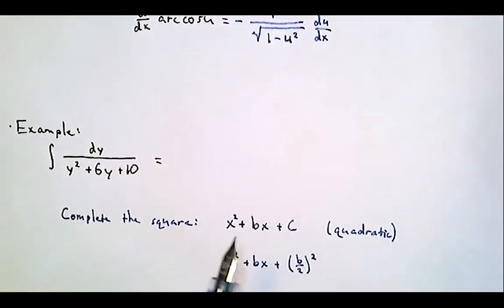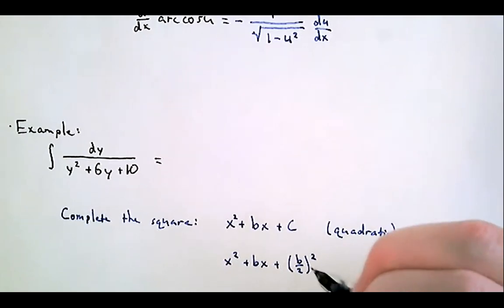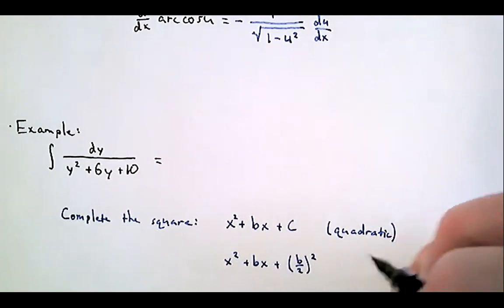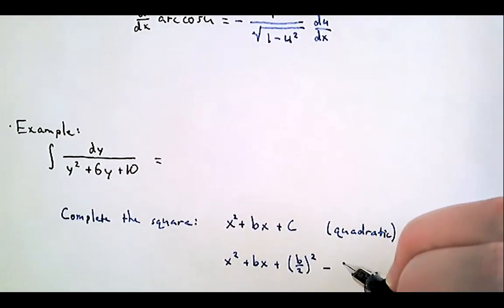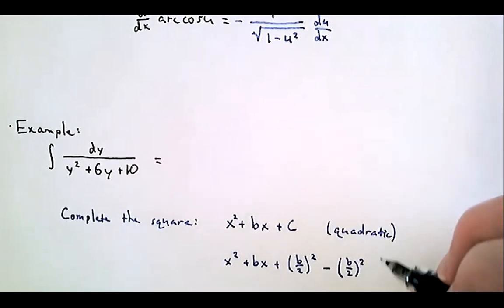But we don't want to alter the value of this. We want to get something that's equal. So if I'm going to add this number, I also need to subtract it so that I don't change the value of what I started with. And then we need a plus c at the end.